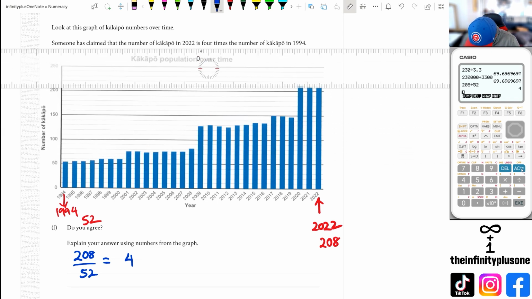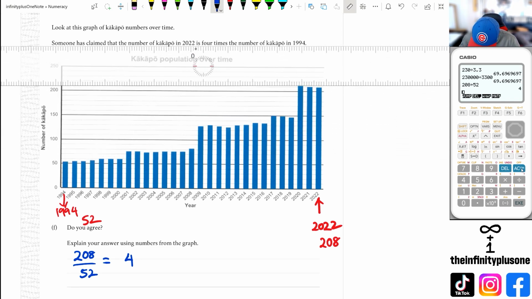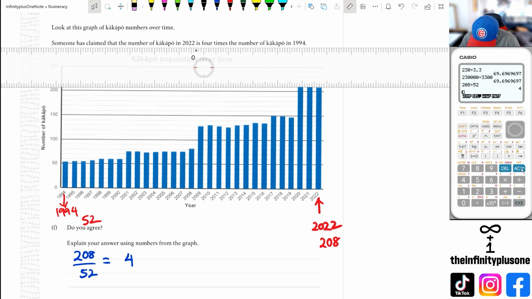Now if for some reason you decide that in 2022 it's not 208 but rather 209, then you might go 209 divided by 52. If you were to do that, you're going to get more than 4. Again, as I said earlier with these types of questions, you've actually got 2 kinds of answers you could give.